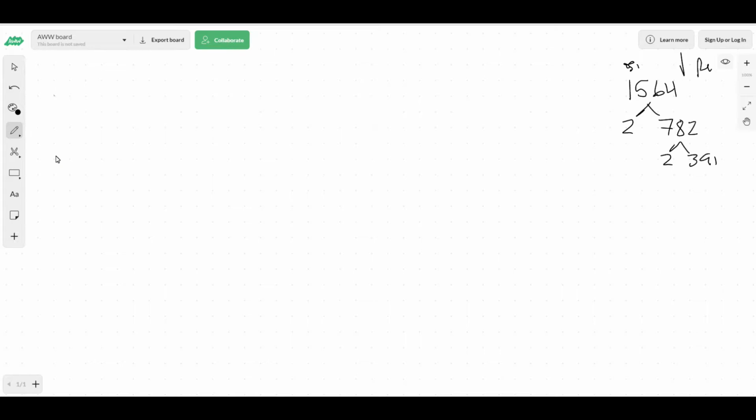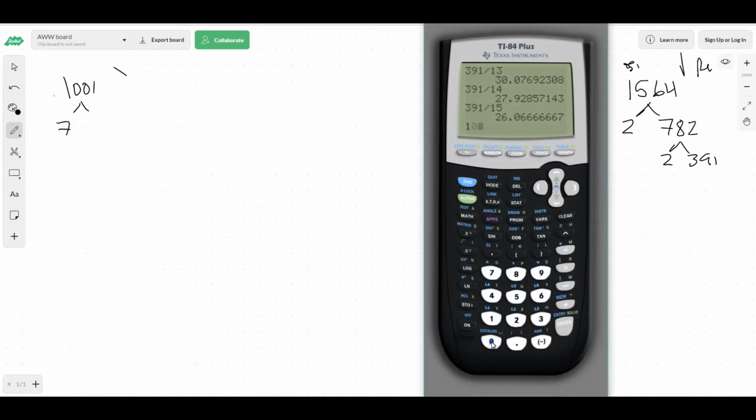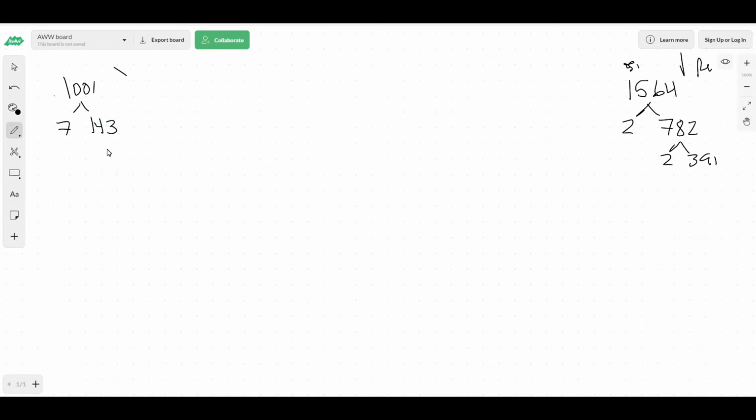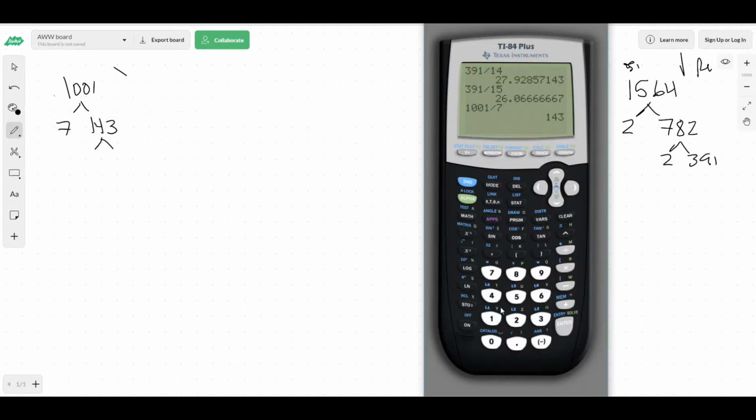Let's make it difficult for ourselves again. Let's go with 1001. We know that 7 works, although we don't know 7 and what. 143, which I don't know what that divides by. It may not divide by anything.